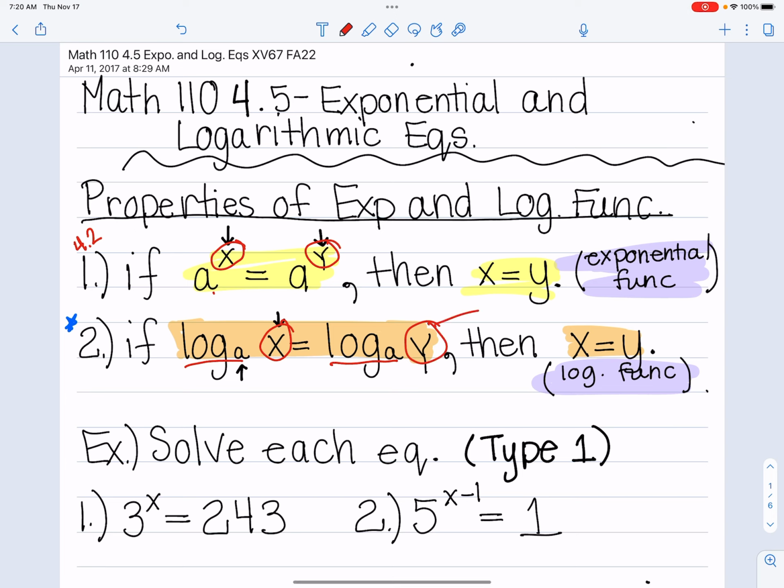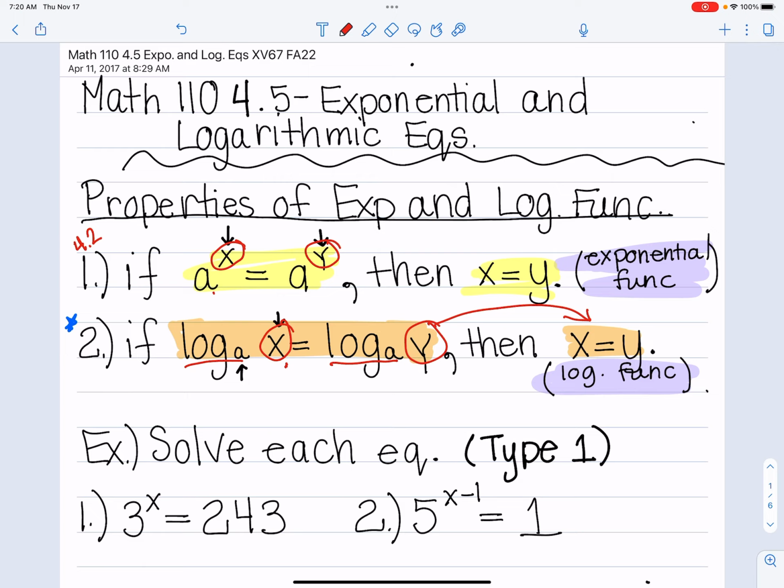Let me say it again: if you have a log of a particular base on each side of the equal sign, then you can set the function values equal to each other. This will apply a little later when we solve the type 2 logarithm equations.